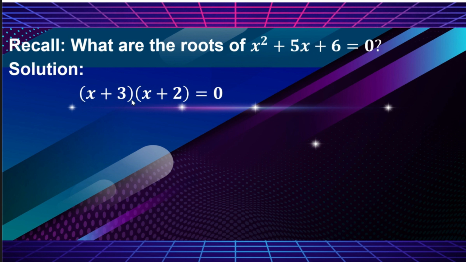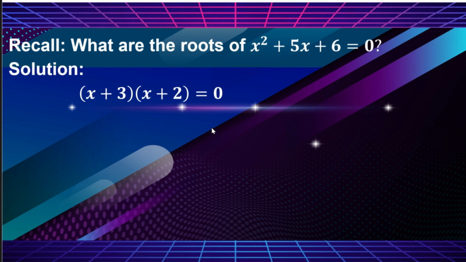To check whether our factors are correct, we add 3 plus 2 is 5, and 3 times 2 is 6. So since it is the same with the linear term and the constant, our factors are correct.